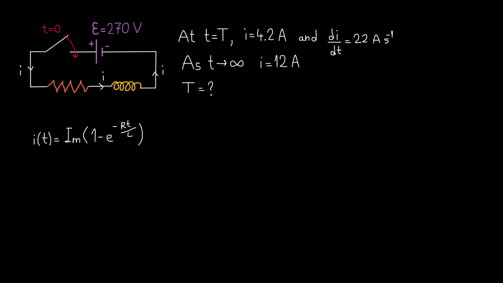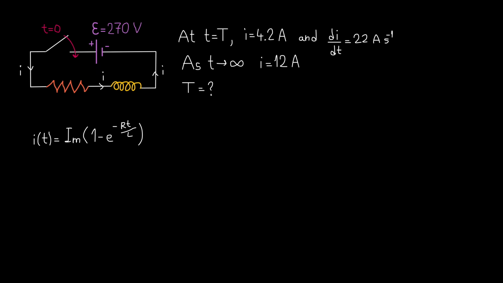Again, I sub m is the maximum value of the current, which is the value it gets after a long time the circuit has started, which is given in this problem, 12 amps. And R is the resistance, and L is the inductance in the circuit. Those are not given, but we can actually calculate them using the other information in this problem. So this is the expression that represents the current as a function of time.